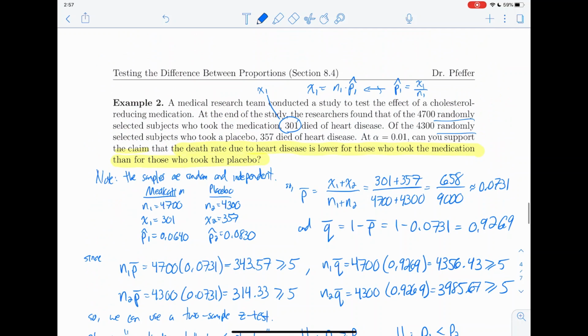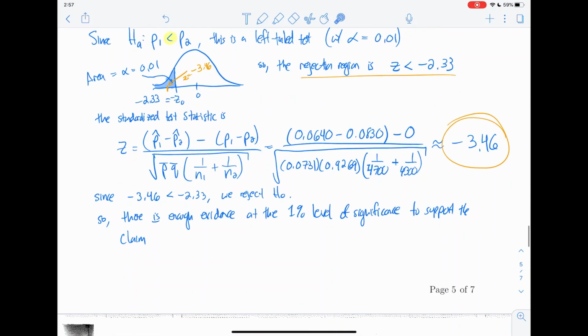So what is the claim? The claim, as highlighted above, is that the death rate due to heart disease is lower for those who took the medication than the placebo.